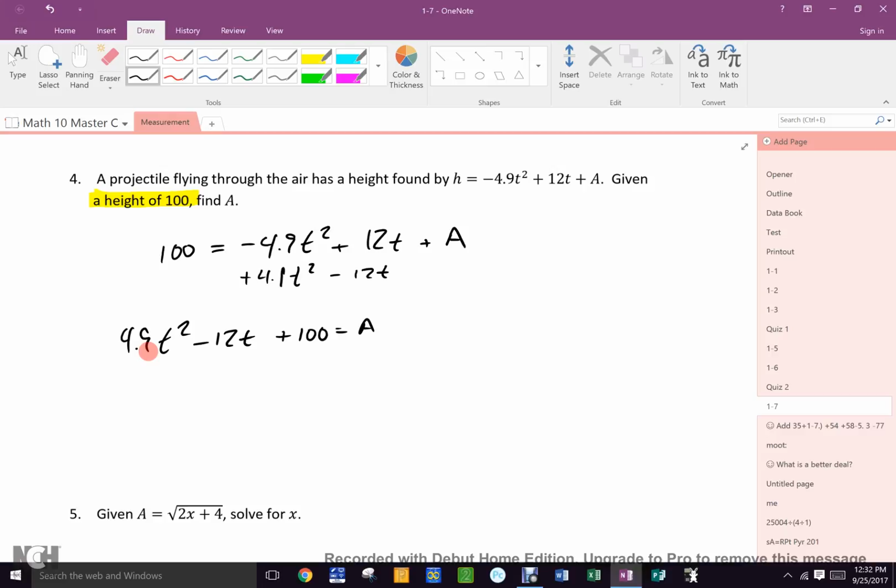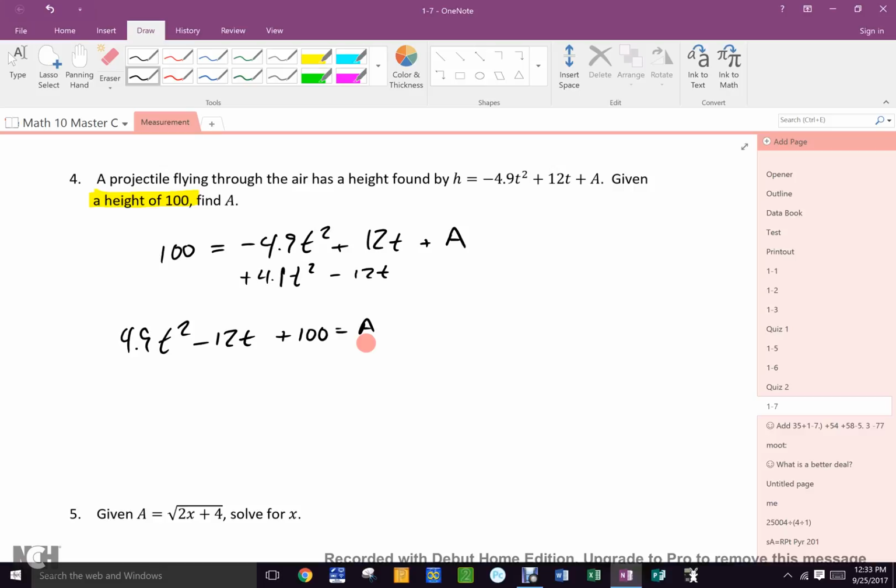So can I isolate them? No, because how do I isolate? I would have to divide by t, right? So if I divide this guy by t, what do I have to do to everything else? Divide by t. So that moves t back over here, doesn't it? And I don't want t over there. I need a by itself. Does everybody understand? You cannot do this question.